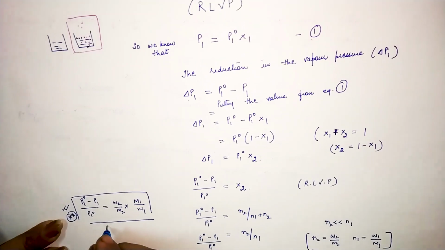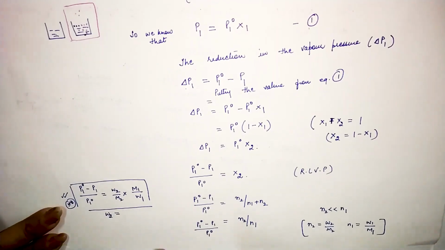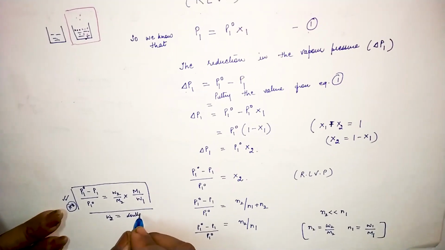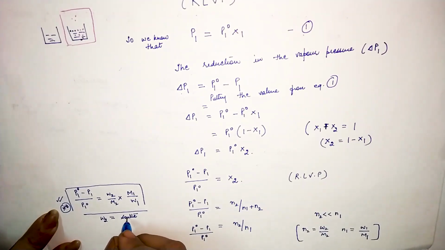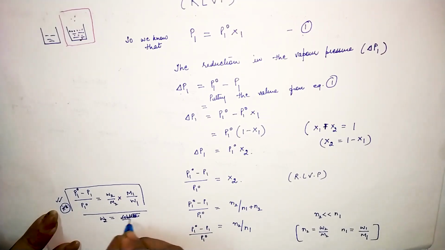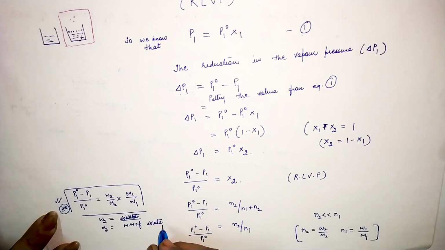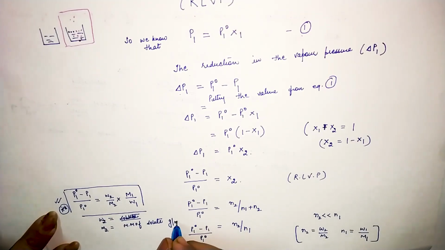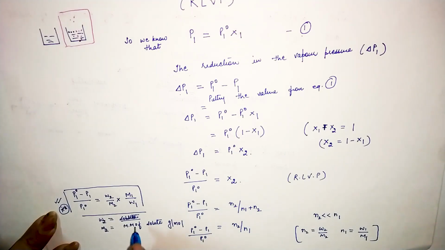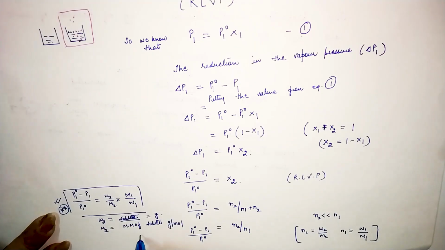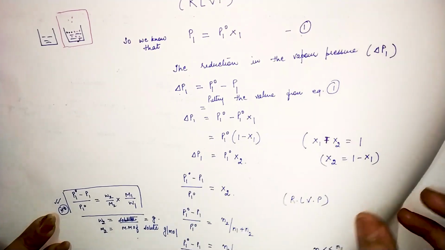Now remember children, in the whole of this chapter, this W2, 2 is always solute. Mass of the solute. M2 is the molar mass of solute. This molar mass unit is always in gram per mole, and this W2 is always in gram.